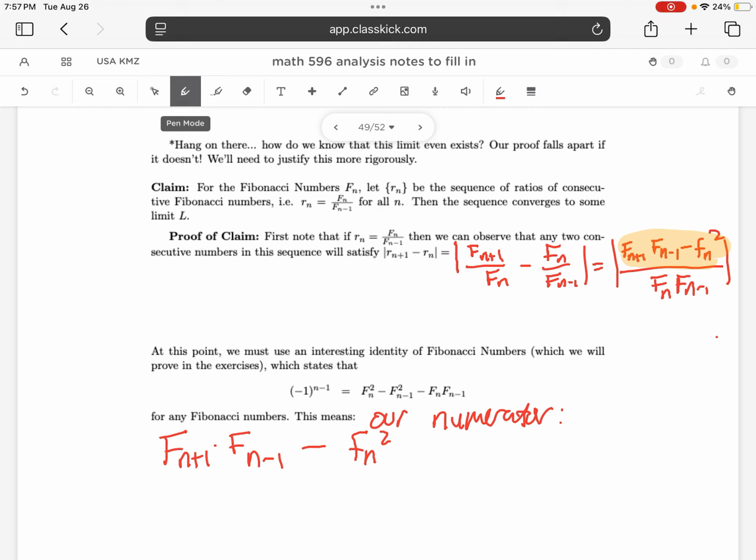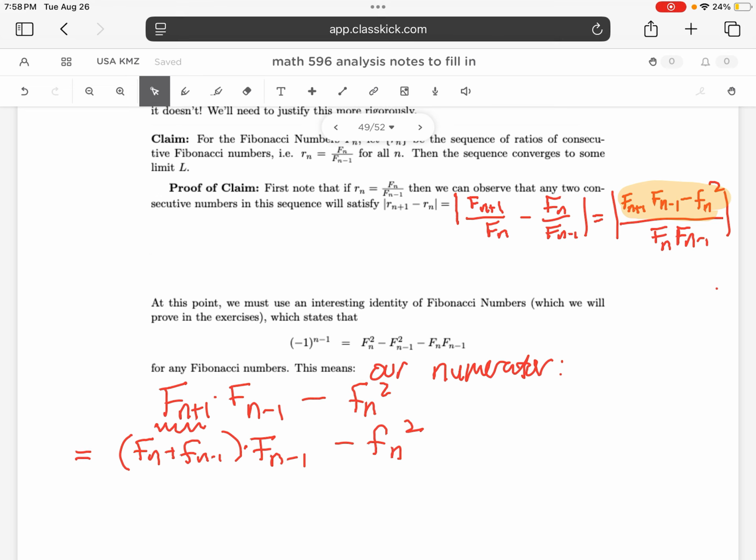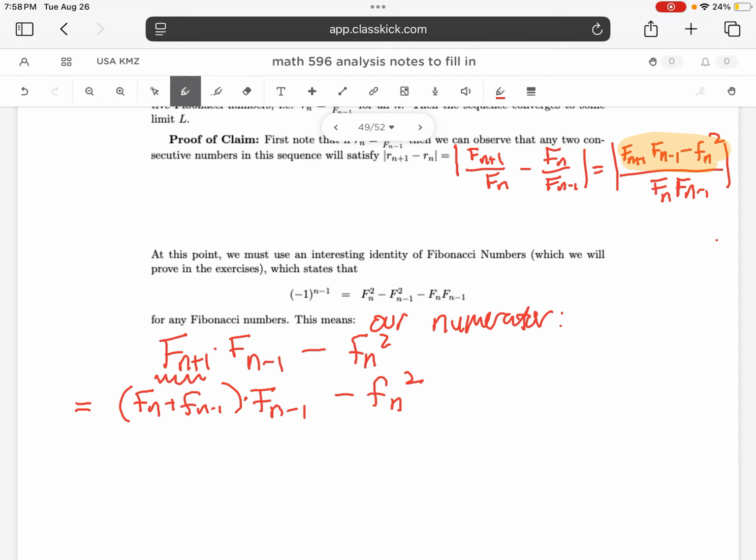To do that, notice that we can use the recursive definition of f_{n+1} to rewrite that first term as f_n plus f_{n-1}. We're still multiplying that by f_{n-1}, and we're still subtracting f_n squared. Now if I expand this out, we get f_n times f_{n-1} plus f_{n-1} times f_{n-1}, so f_{n-1} squared, and then minus f_n squared.